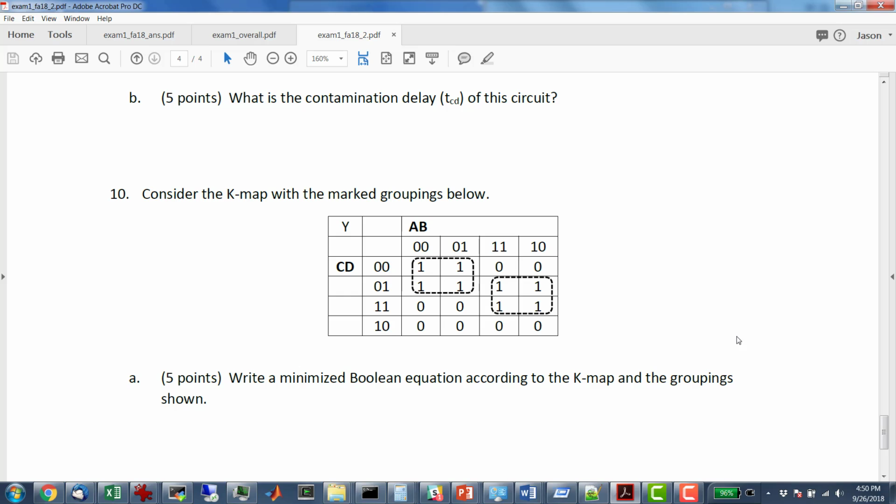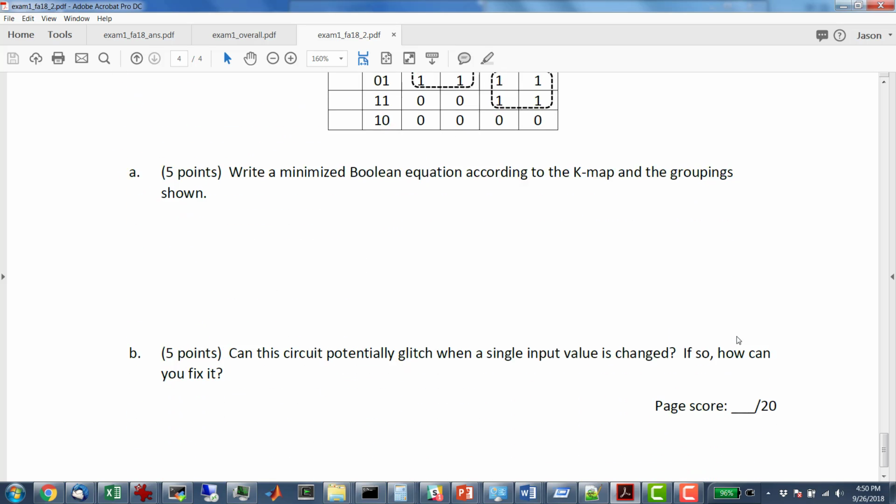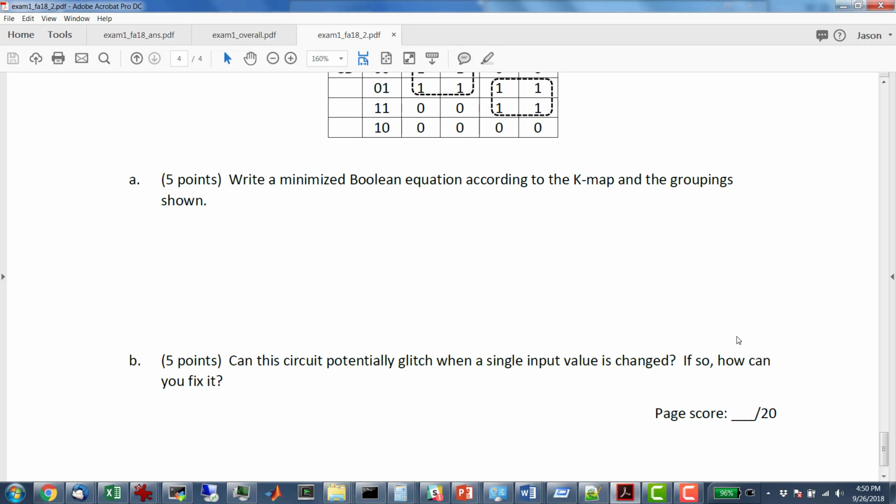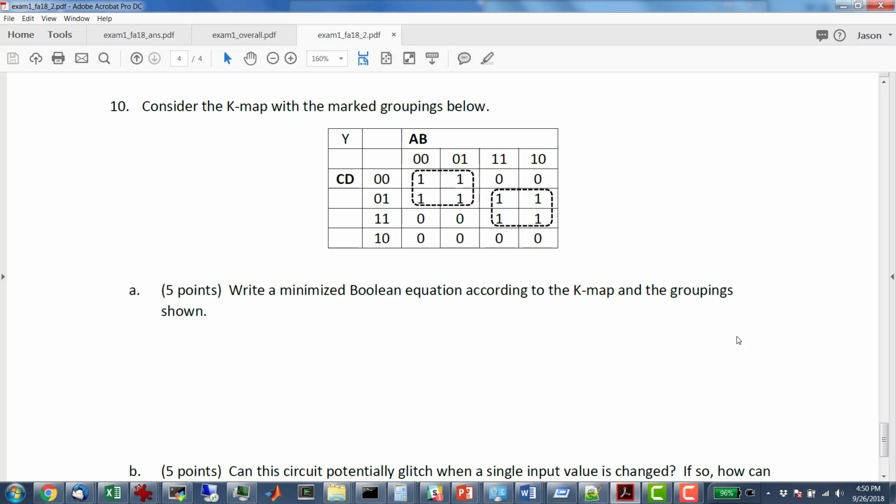OK, so can the circuit glitch when a single input value is changed? According to the book, glitches can happen whenever you change an input that causes the output to leave one grouping and enter another grouping, crossing the boundaries between groupings, right?